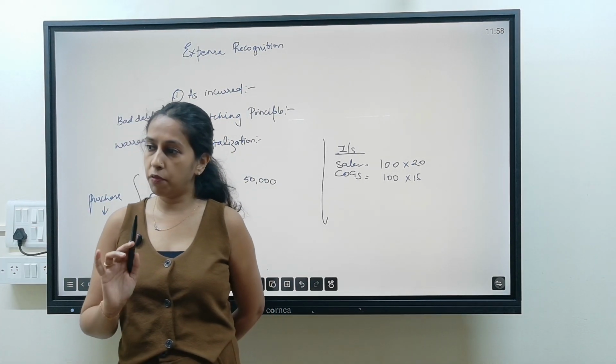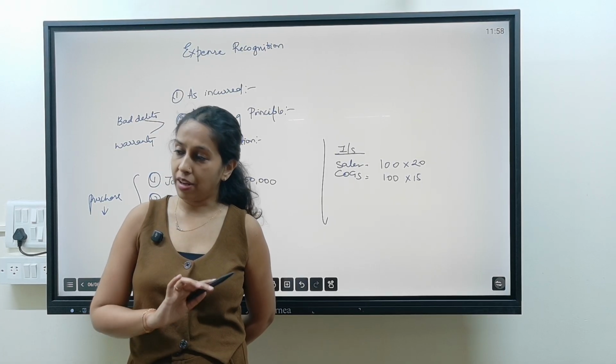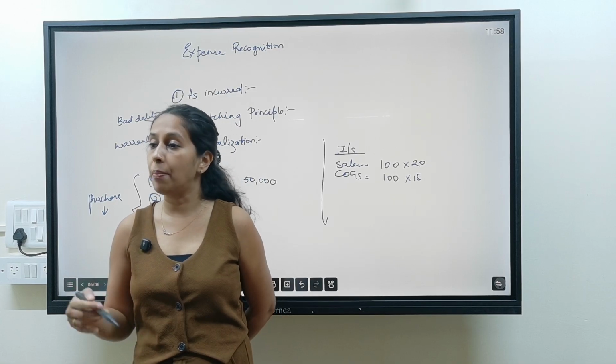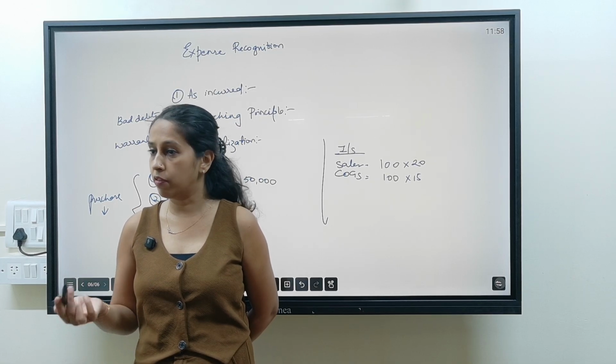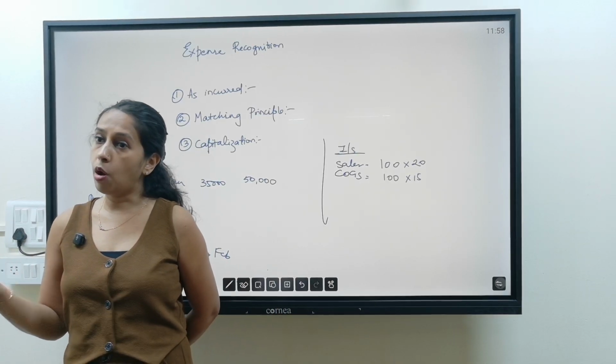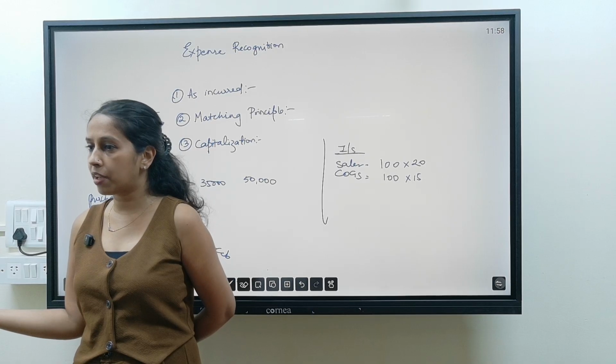Any expense that we record as an asset in the balance sheet as an investment, we call capitalization of the expense. We call that a capital expense, right? And how do we show that expense in our income statement over that period of time?